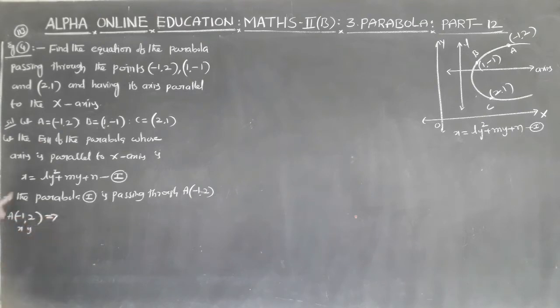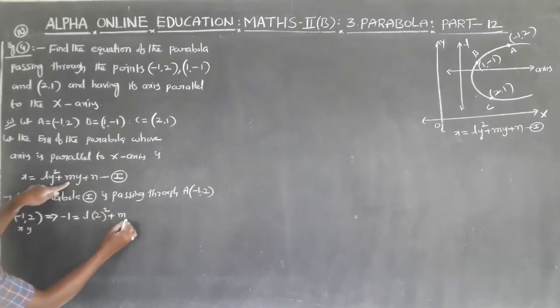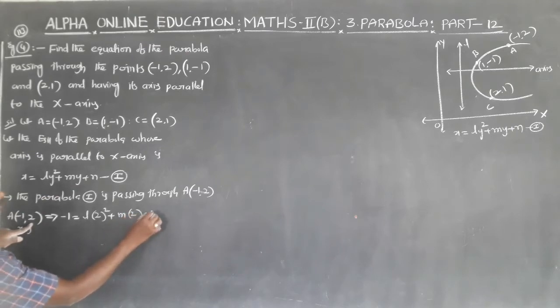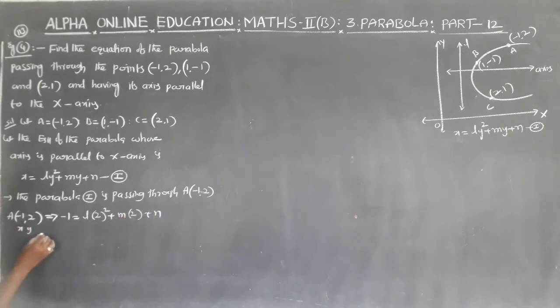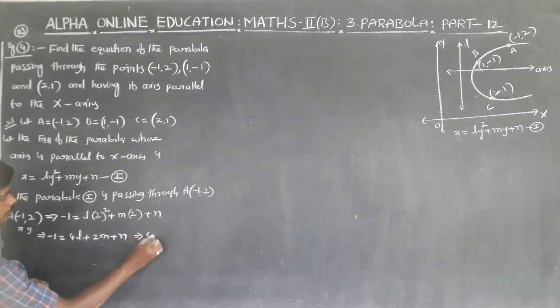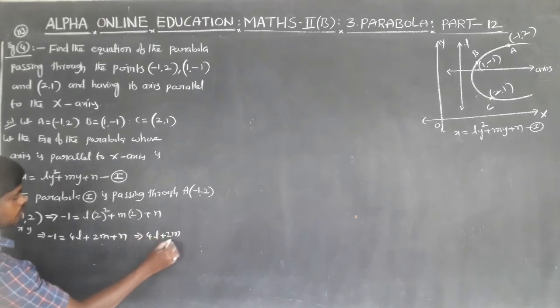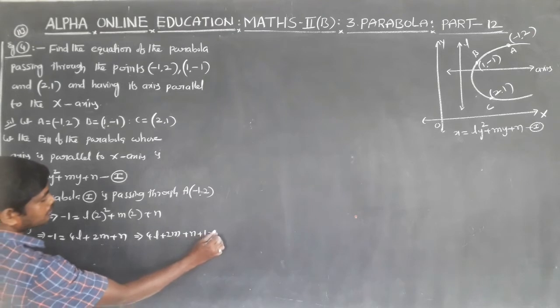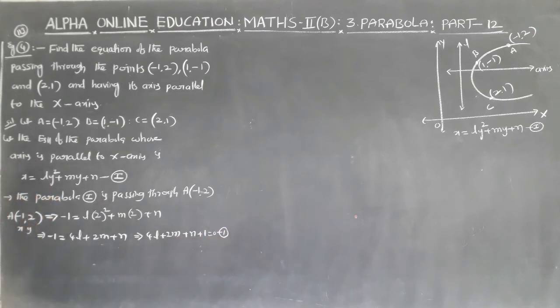Substitute A (-1, 2) on parabola 1: -1 = L(2)^2 + M(2) + n. So -1 = 4L + 2M + n. Taking 1 to the right side, 4L + 2M + n + 1 = 0.